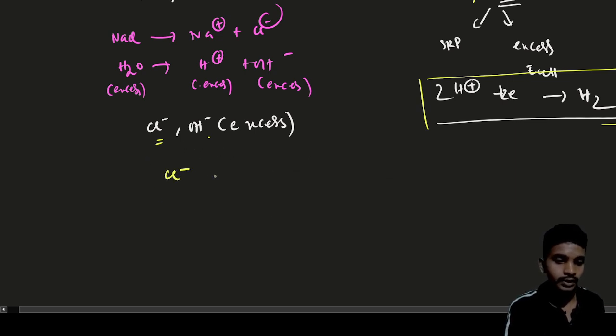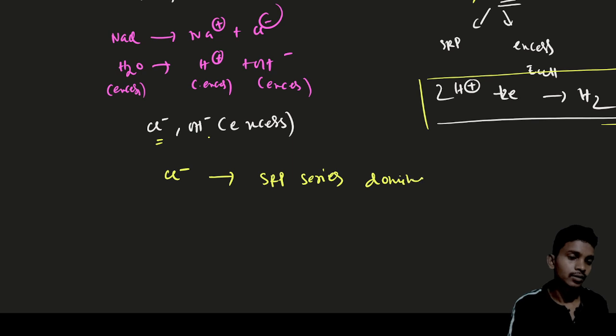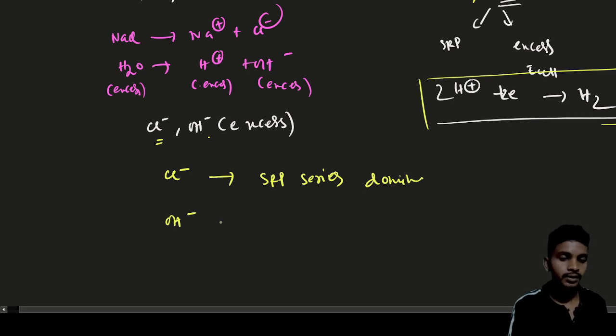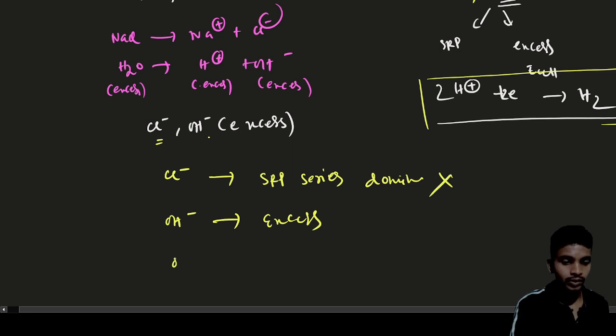So Cl minus dominates in the SRP series, but OH minus is in excess, so Cl minus will not discharge, OH minus will discharge.